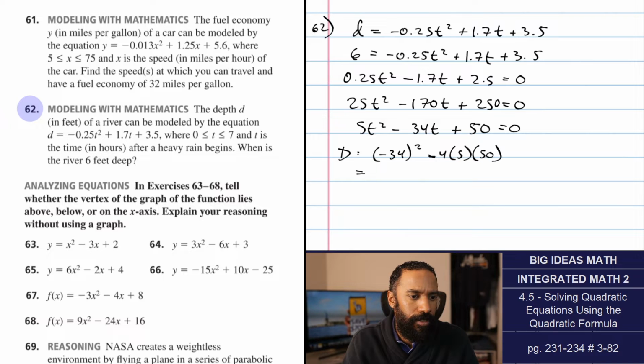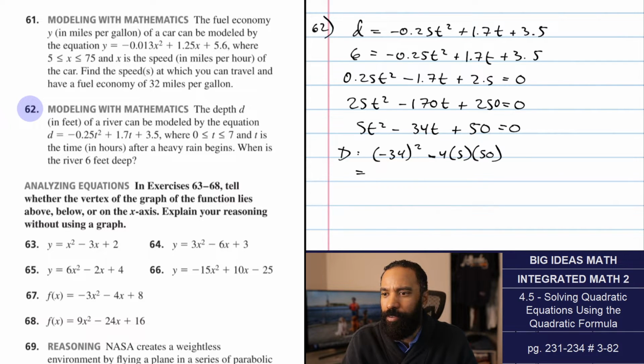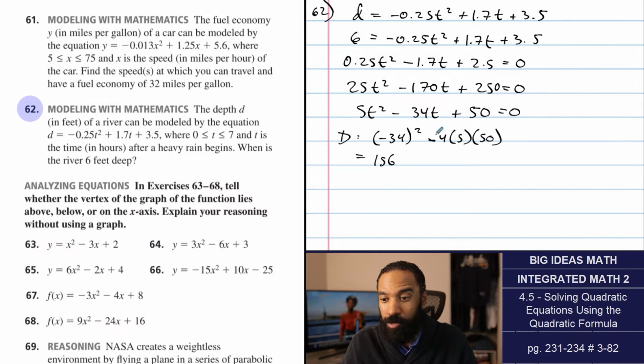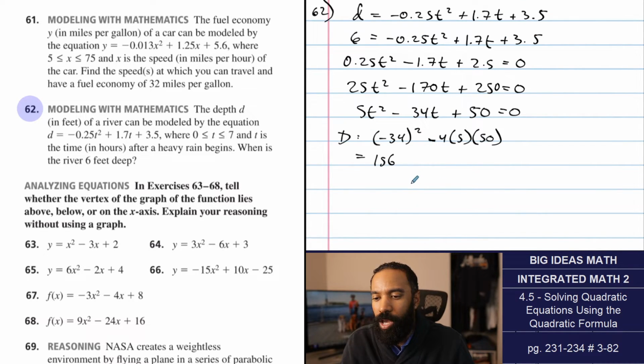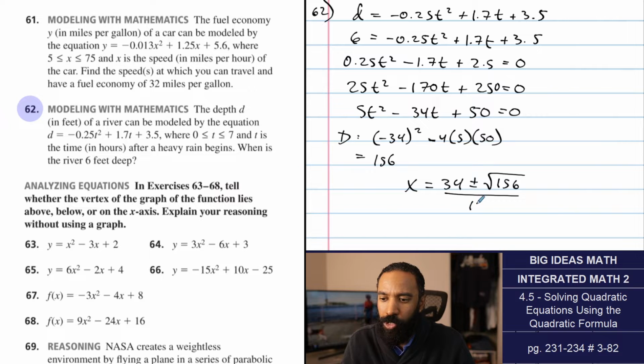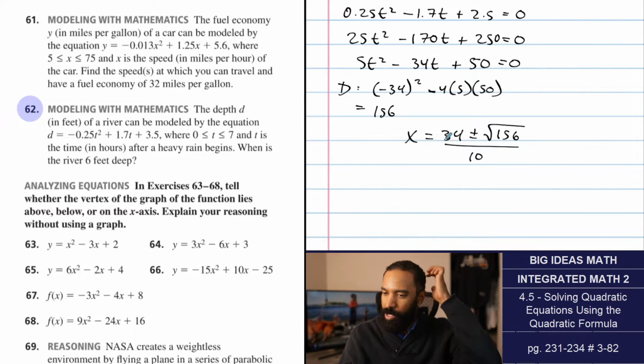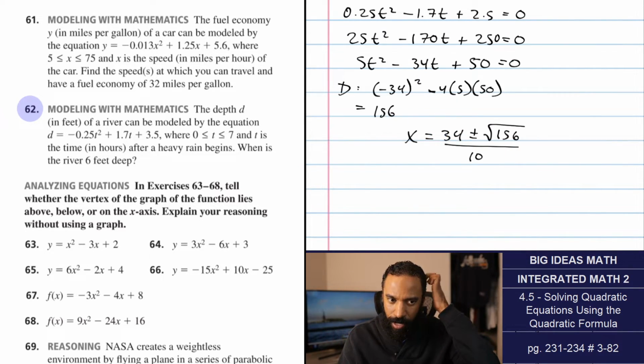That gives 156. So not a perfect square, which means this was not rational. It means it wasn't factorable. So x equals negative b plus or minus the square root of b squared minus 4ac, all over 2a, 2 times 5. Boom. Let's go ahead and work this guy out.